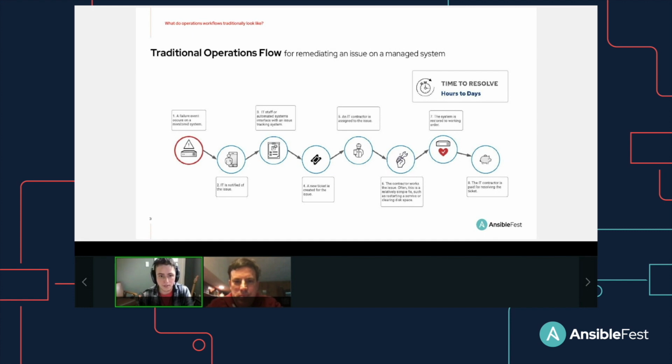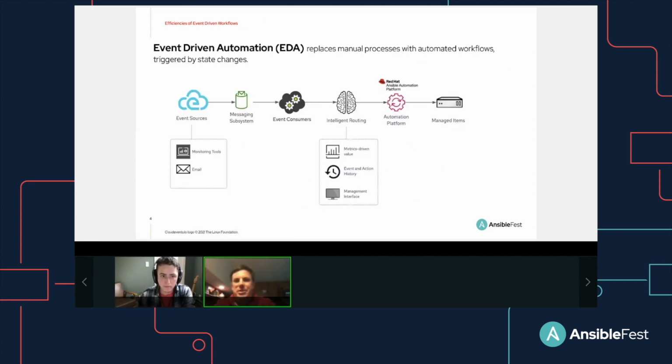And then that person is going to manually take that ticket and perform some remediation, either manually going into the system or running some sort of script to remediate. So there must be a better way to close that logical gap between the incident and the automation. Yeah, sure. So there definitely is.